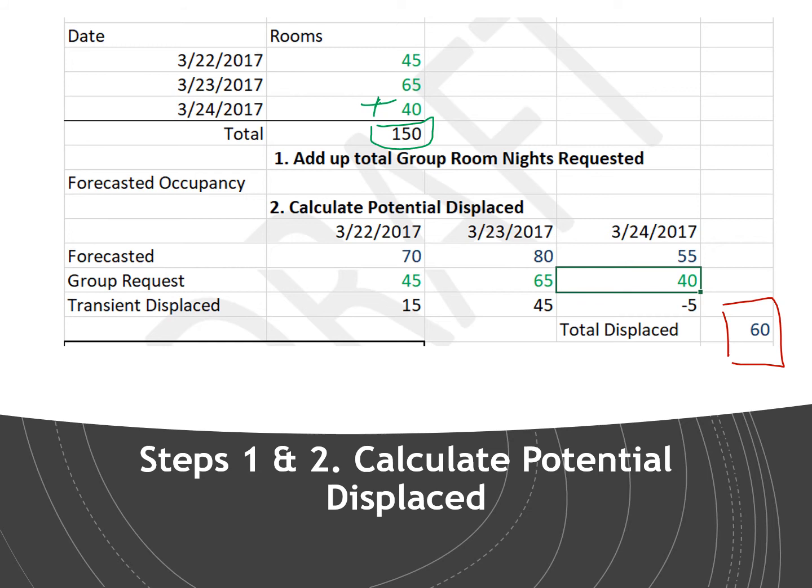And in this case, this total number right here is also important because oftentimes groups will have a concession where they have complimentary rooms, one for every 30 or one for every 40 room nights. And so in this case, because we have 150 rooms, if we did one for every 30, then we would have 5 rooms.